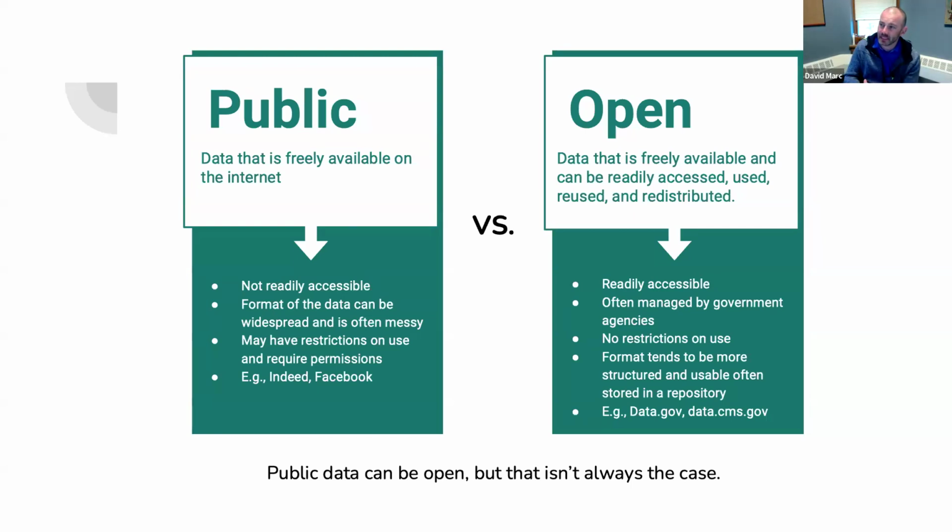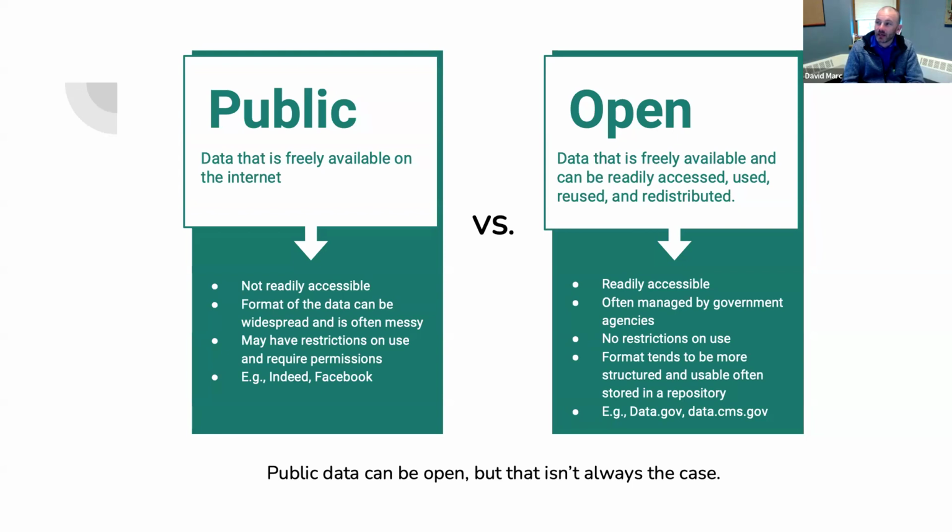Examples of that might be data that's accessed on Indeed.com. You can go and get information about all these different job postings that are out there. However, there are restrictions on how you can use that data. You can't just take the data that's on Indeed.com and create your own job search tool.